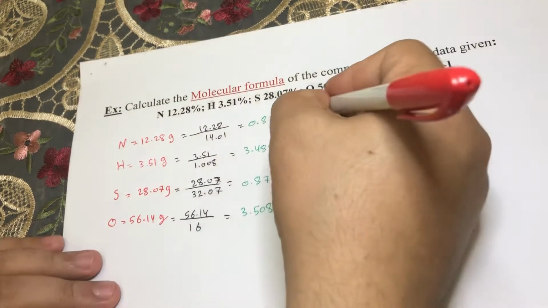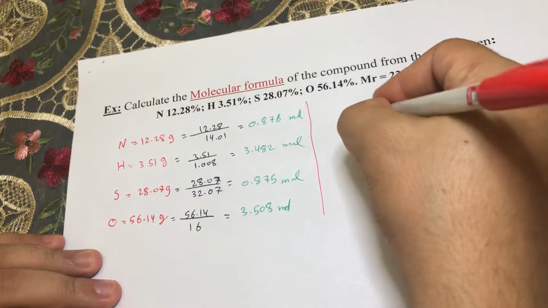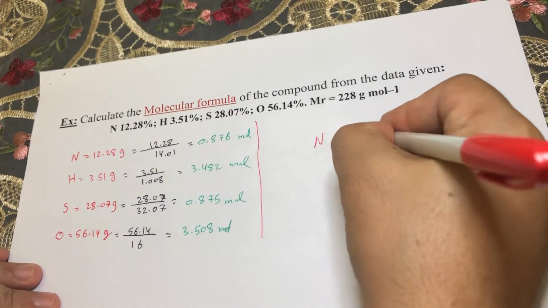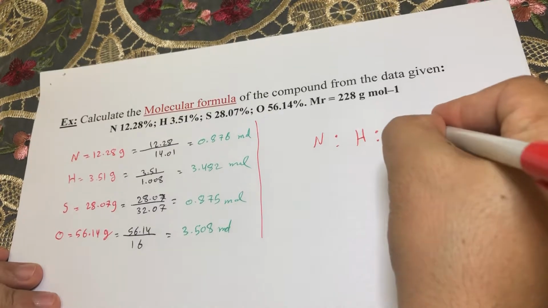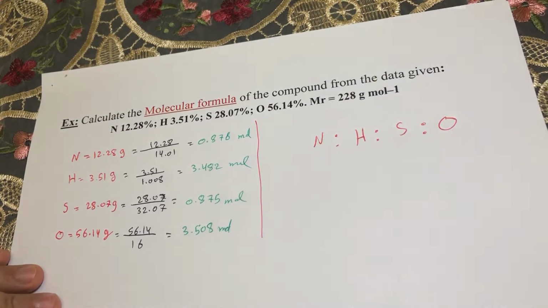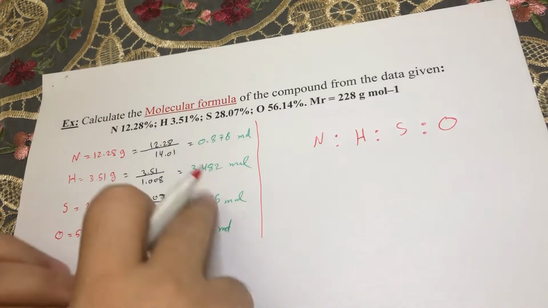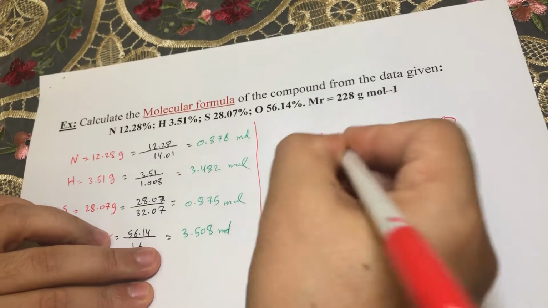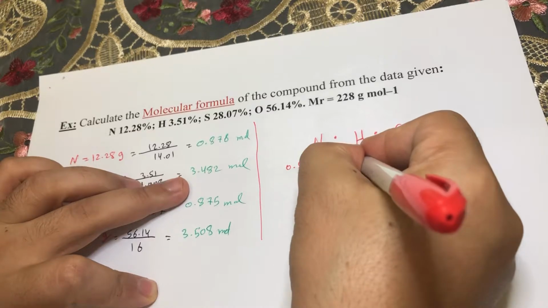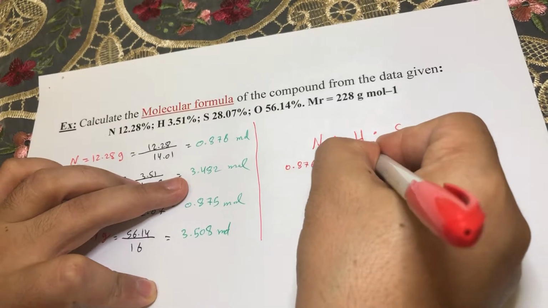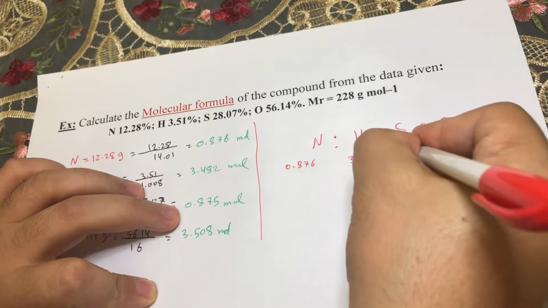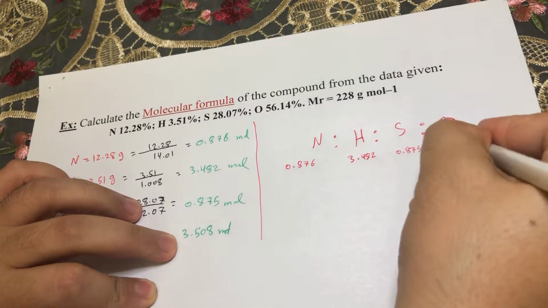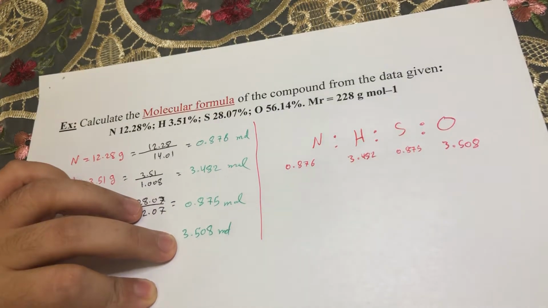Make a ratio: nitrogen, hydrogen, sulfur, oxygen. Write the number of moles for each. Here it's 0.876, 3.482, 0.875, and 3.508. Divide by small.